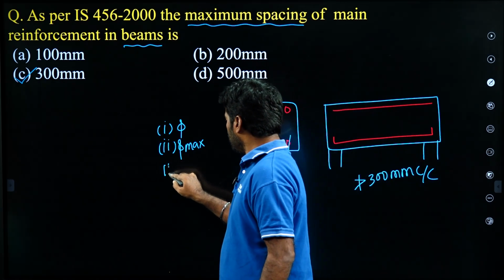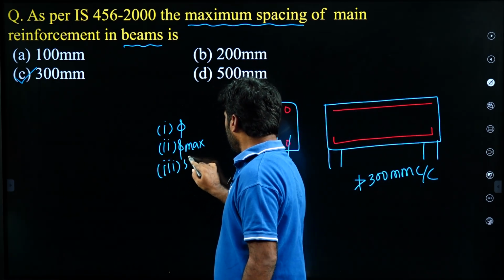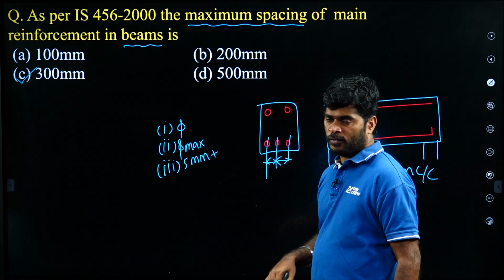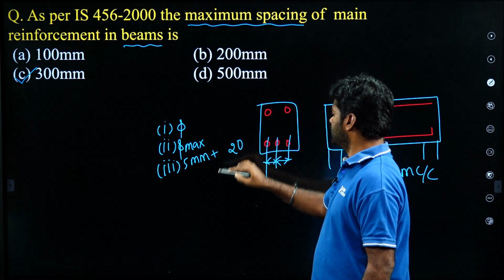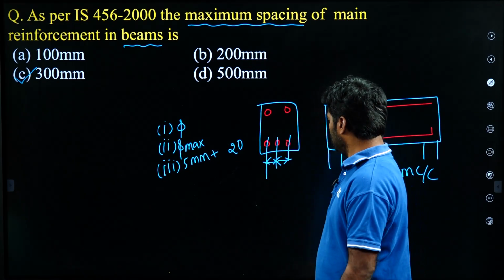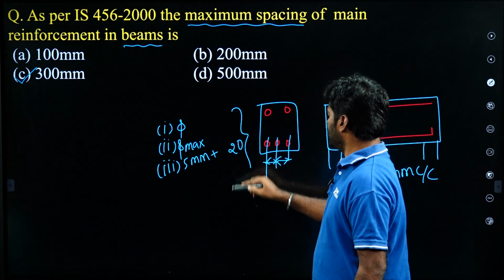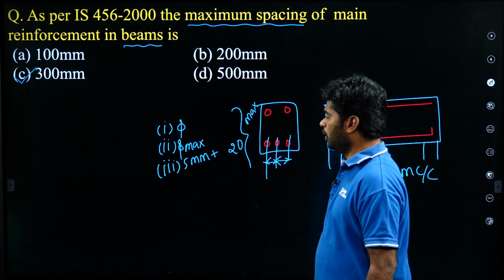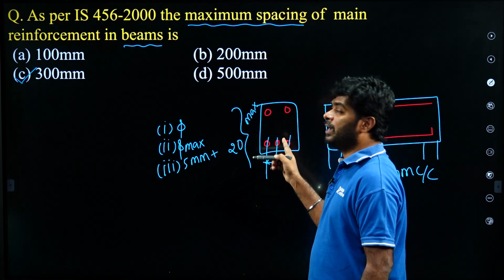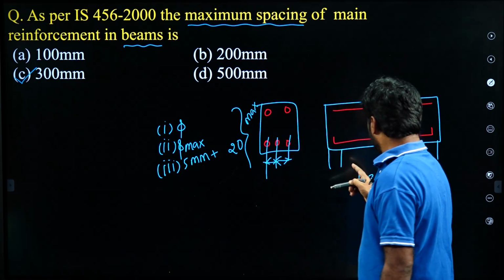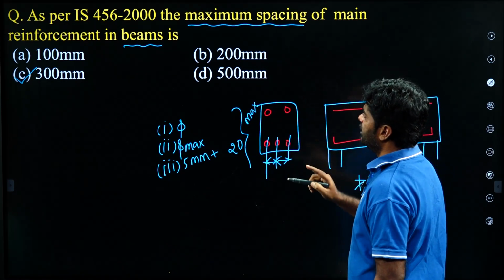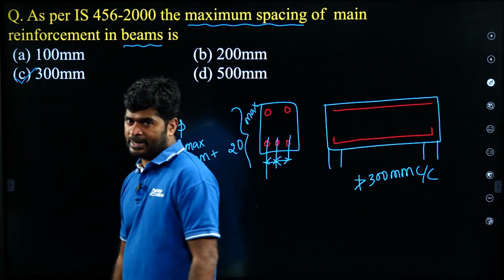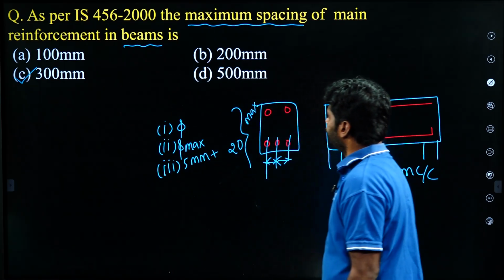And third is 5 mm plus the maximum size of coarse aggregate used in RCC. Finally you select the maximum of the three. This is the minimum spacing for main steel in a beam, but maximum spacing they are asking, it is not more than 300 mm center to center. Option C is correct. Next question.